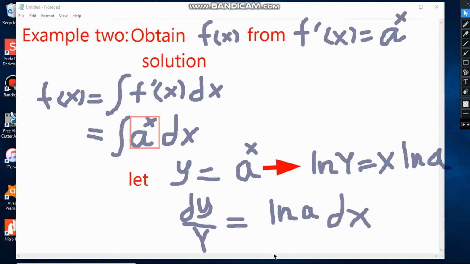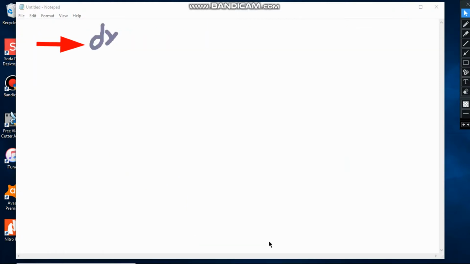When I move this y to the other side, it means y dx, and ln of a at this side, it means dy over ln of a. I get this expression: dy over ln of a is equal to y dx.